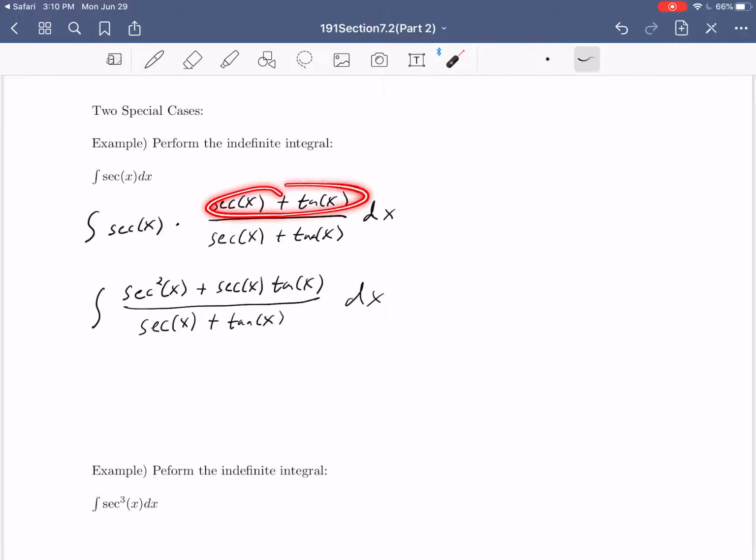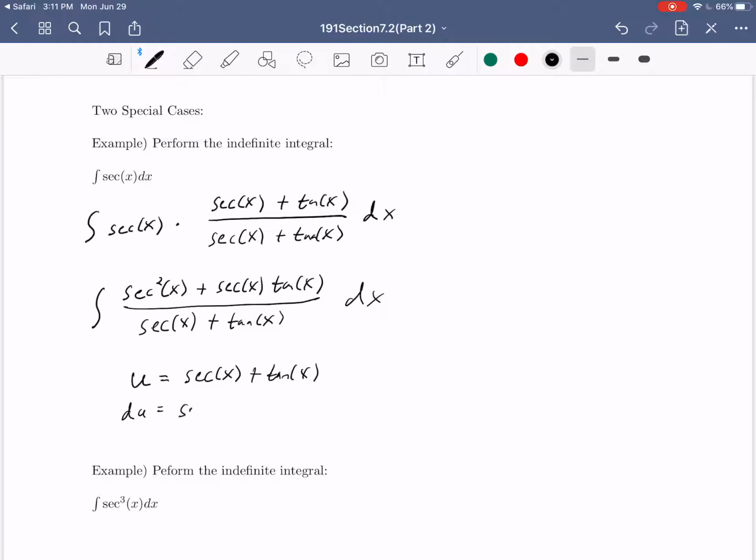So by this multiplication, we've actually created the derivative of the denominator on top, meaning we can go straight into a u substitution. Let's let u equal secant x plus tan x. That means the derivative is secant x tan x, that's the derivative of secant, plus secant squared x dx. Notice that that is exactly what we have here. So we can go ahead and replace that.